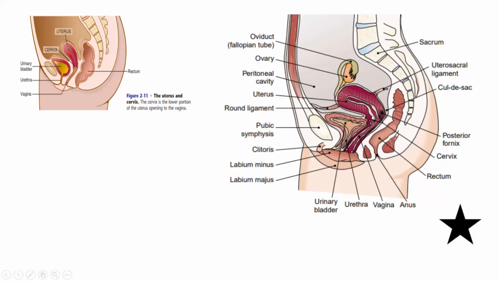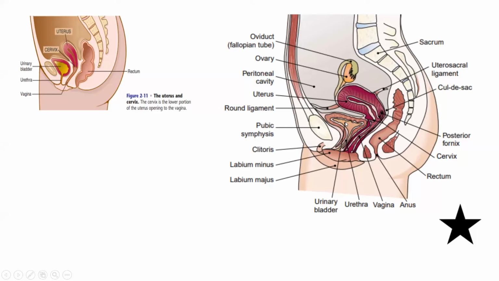Then if we try to recognize, we started from before backward, that is, from front to back. We have one organ over here which is a part of our urinary system, the urinary bladder.